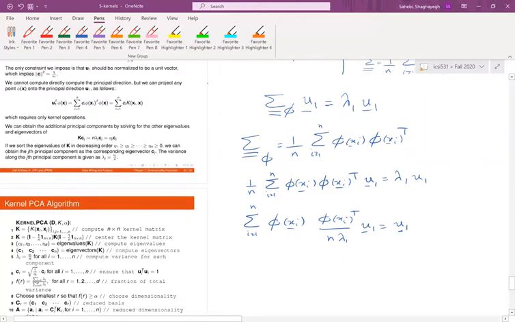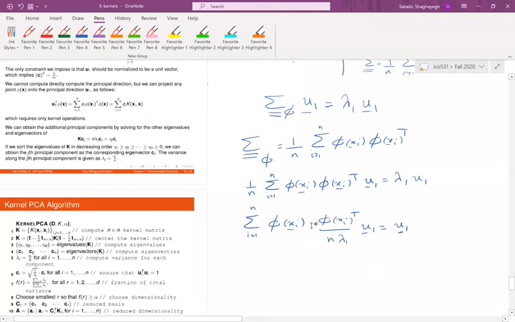All right. Now, if I look at this thing, phi of xi transpose u1 is going to be a scalar, right? So phi of xi transpose is a 1 by d prime. D prime is the new dimensionality of our data in the feature space. It's a 1 by d prime vector, and u1 is a d prime by 1 vector.